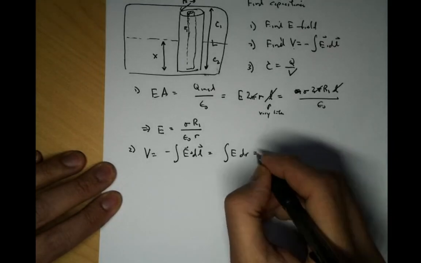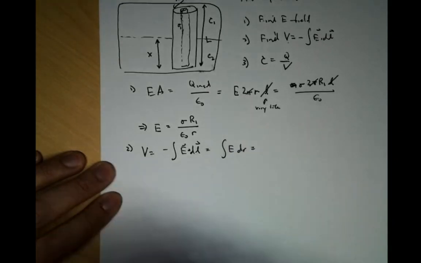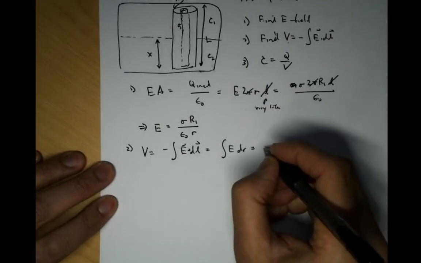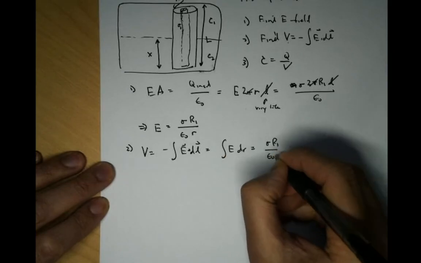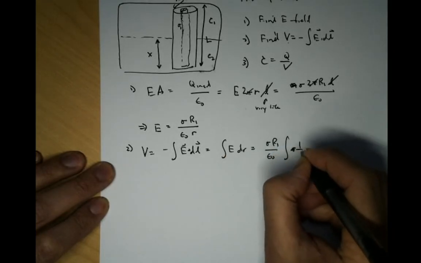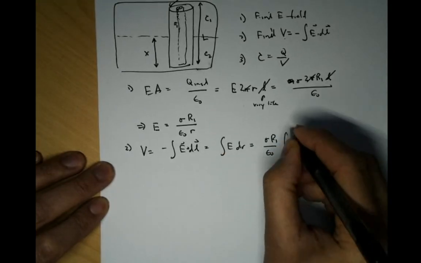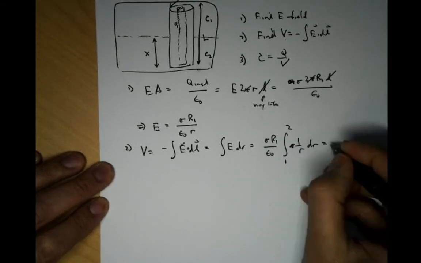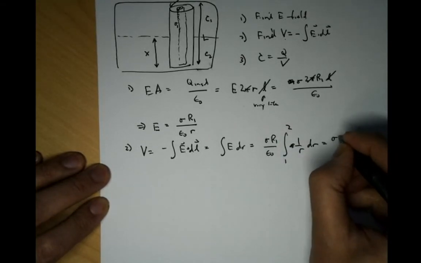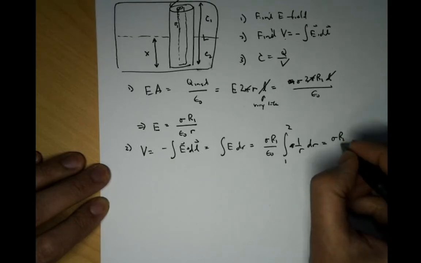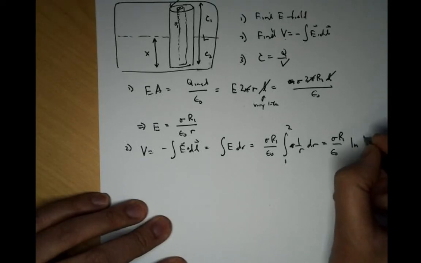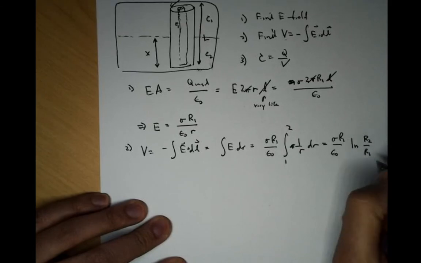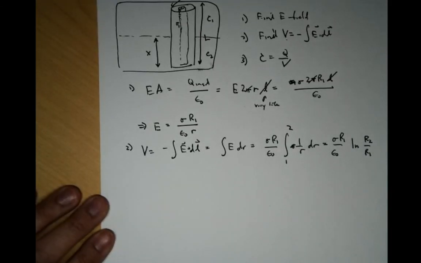I know it's not going to matter at the end of the day because I take the absolute value of it anyway. So this is going to be sigma R1 over epsilon naught times the integral of 1 over r dr, from R1 to R2. So this is just going to be sigma R1 over epsilon naught, and then the logarithm of R2 over R1. Good.